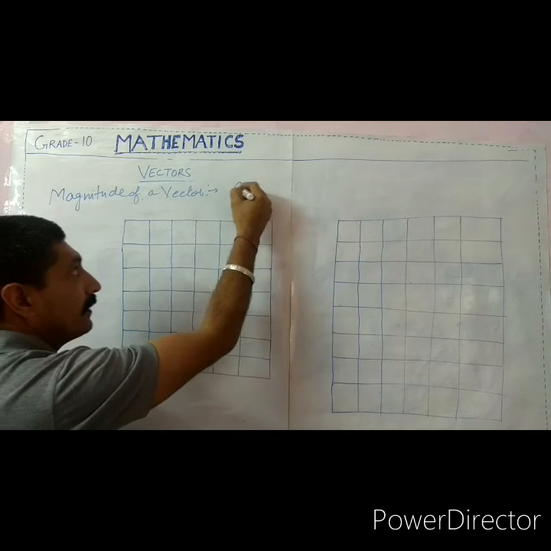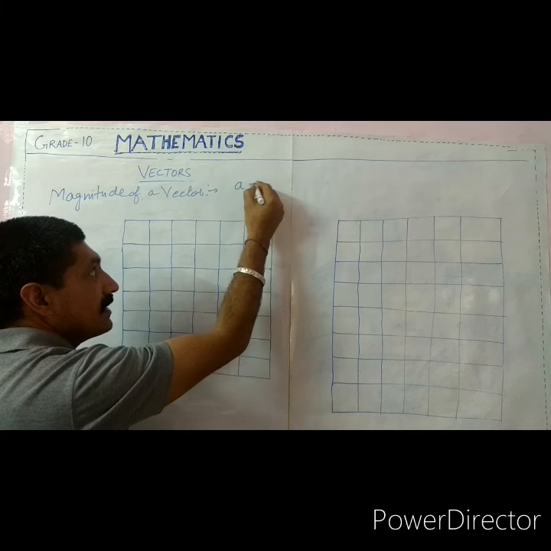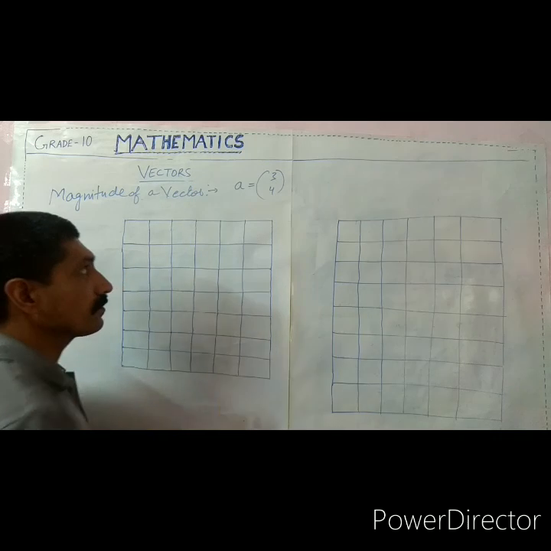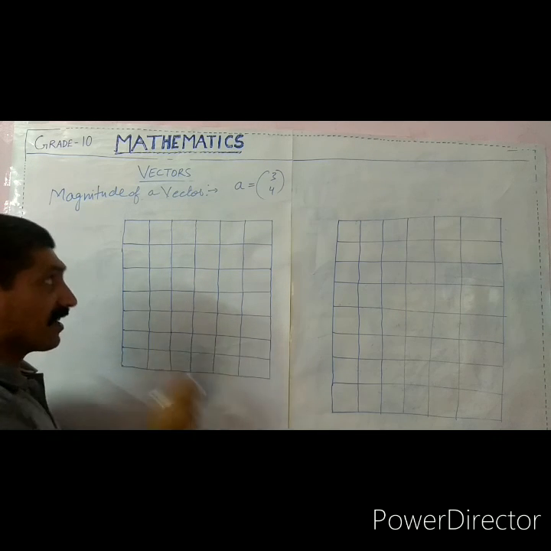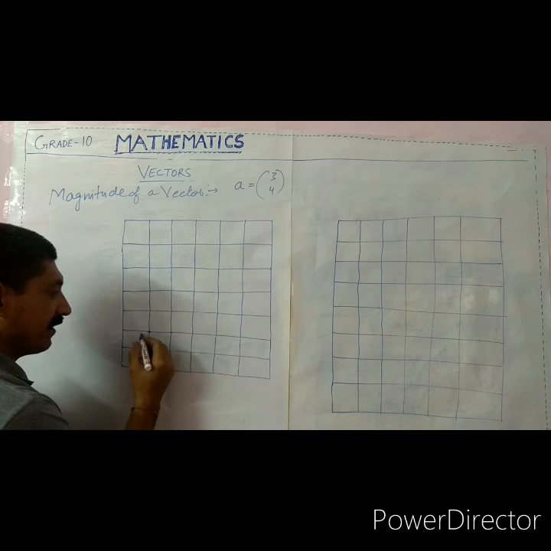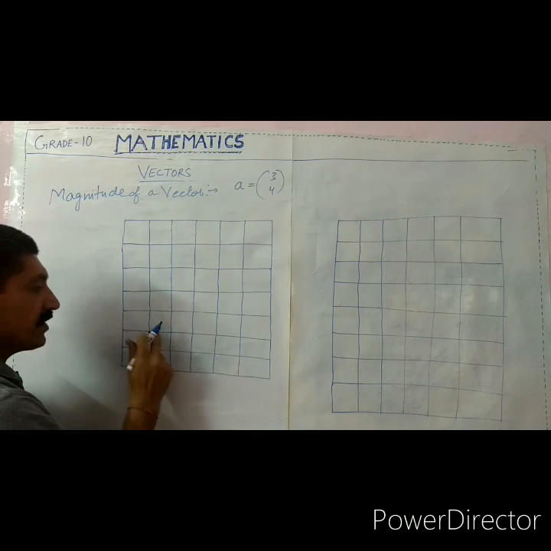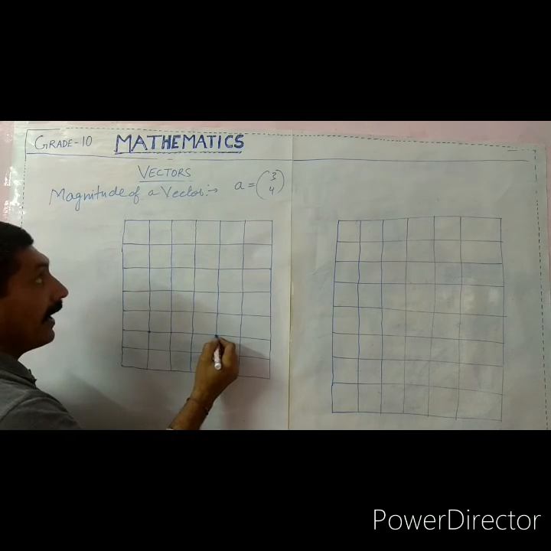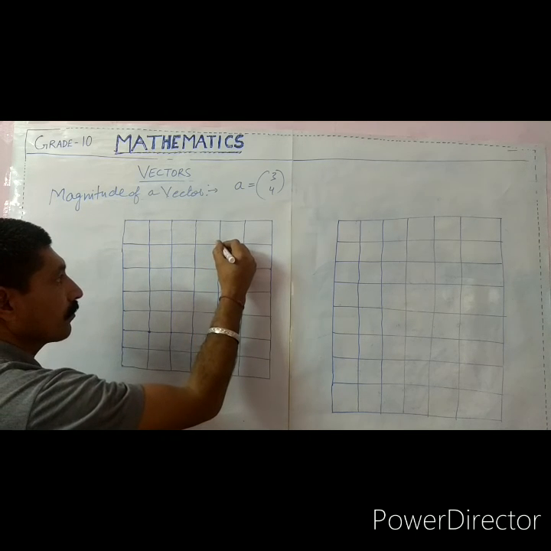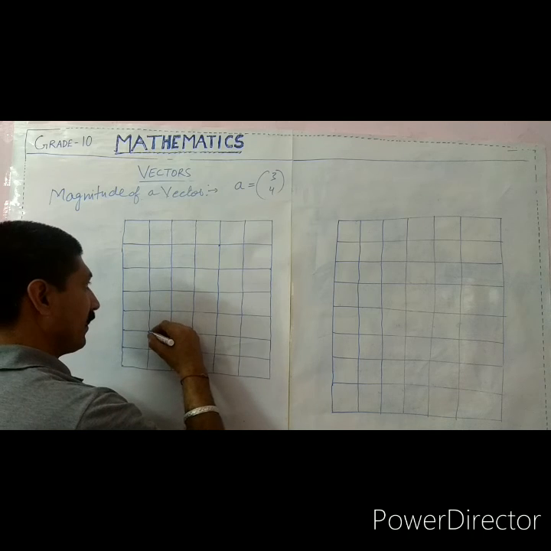If a vector A is equal to, just take the components (3, 4). First is the translation vector. If A is the point here, 3 units, 1, 2, 3, and 4 units upward, 1, 2, 3, 4, so this is the vector A.